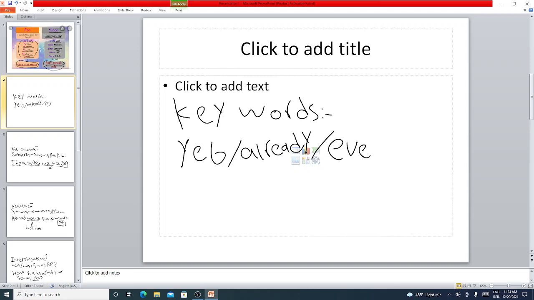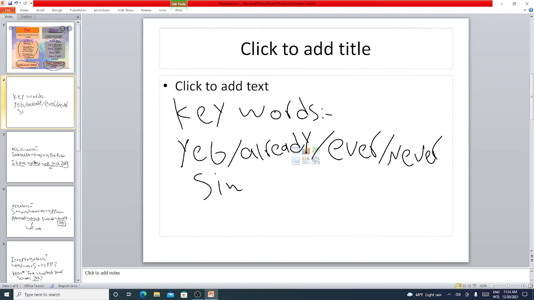Ever, we use it with experiences and questions. When we say, have you ever visited London? Never, we use it in negative sentences instead of adding not. So I can use, I have never traveled, or she hasn't traveled in her life, okay?